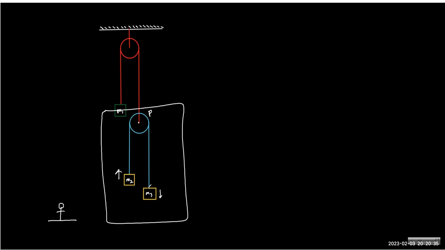So all the blocks are going down or up? If the entire elevator is moving down, so eventually M2 and M3 will go down, yes or no? Yes, sir. If let's say the elevator is moving really fast with bigger acceleration.